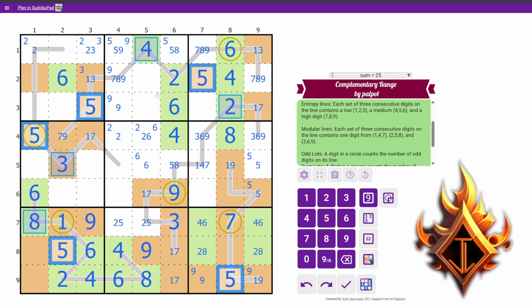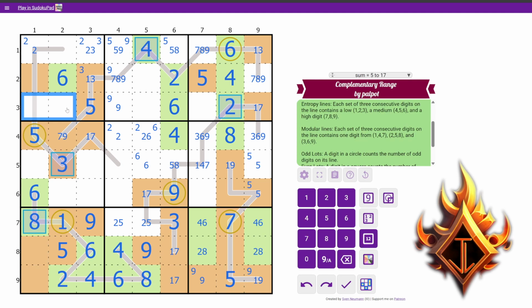Okay. There's a 4 in one of these. Anything else needs scrunched down there? That could still be 8.